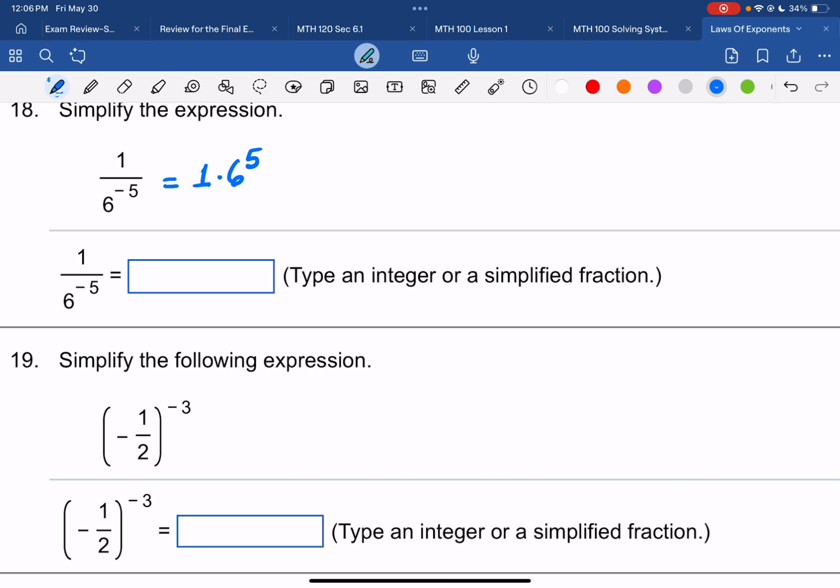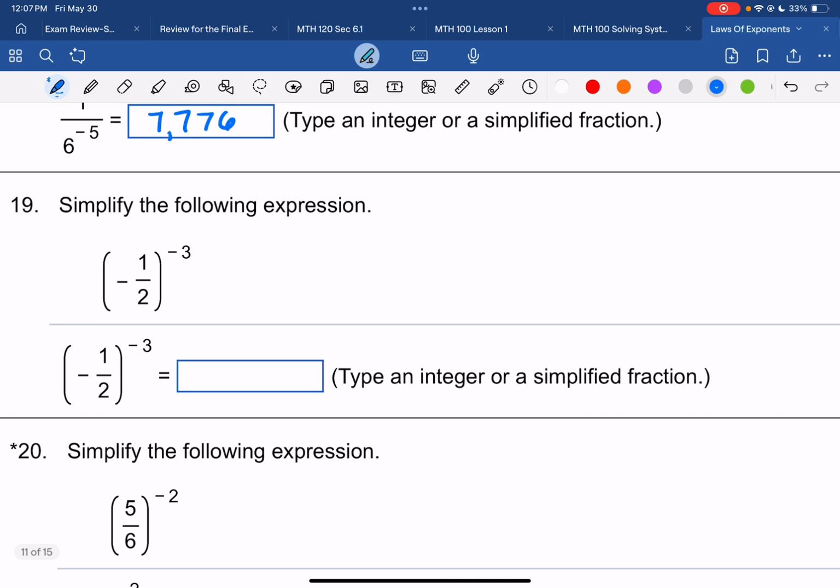And so here they've asked us to simplify, and there's no way you're going to know or memorize what 6 to the 5th is, so you're going to do 6, use your exponent key, to the 5th, and you're going to get 7,776. And then times 1, so it's 7,776.